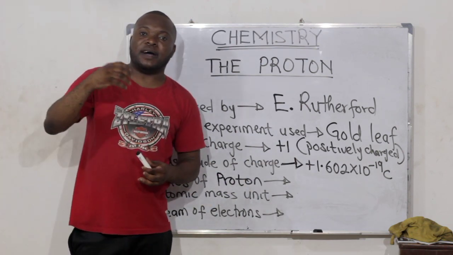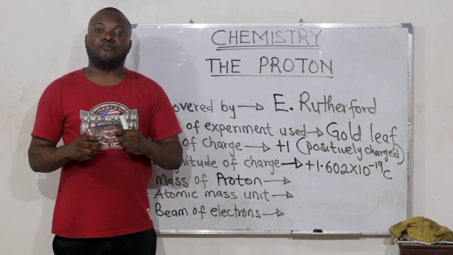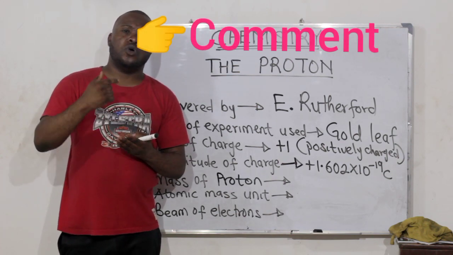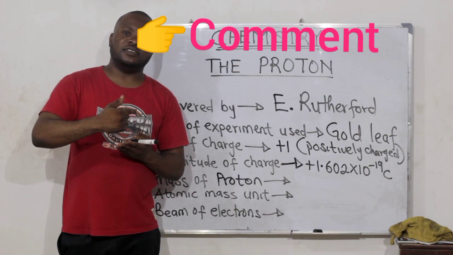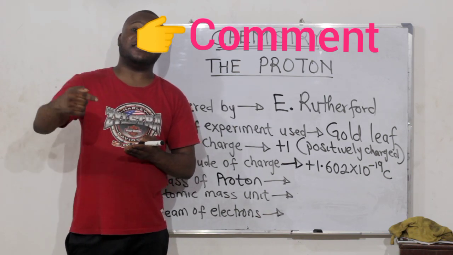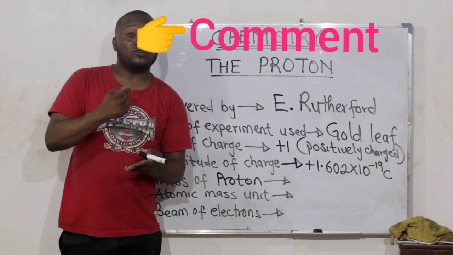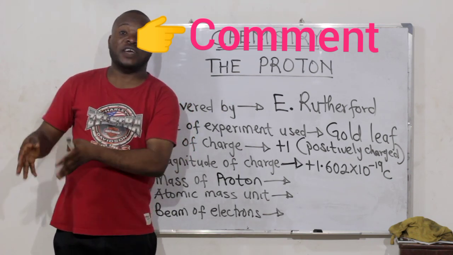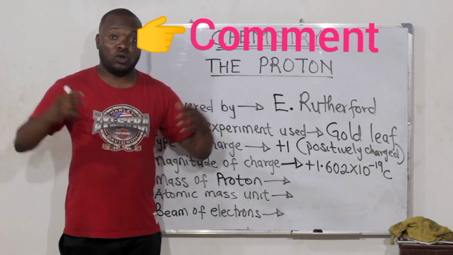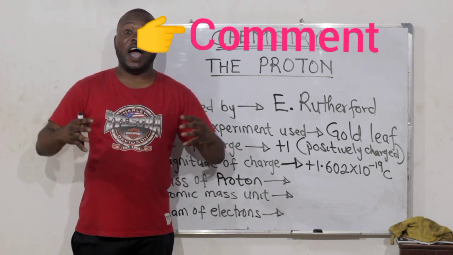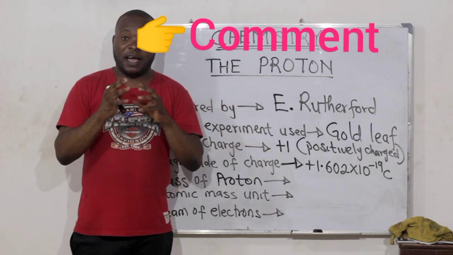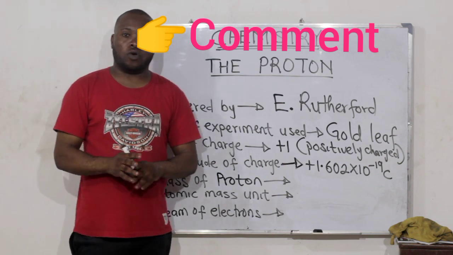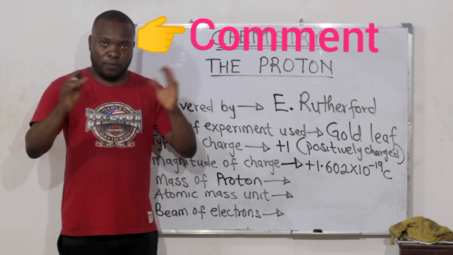But in terms of their masses, the mass of proton is approximately 1,840 times whatever mass of electron is. So that tells you that the proton is far larger in mass than the electron. And that is why we regard electron as contributing almost nothing to the mass of an atom.